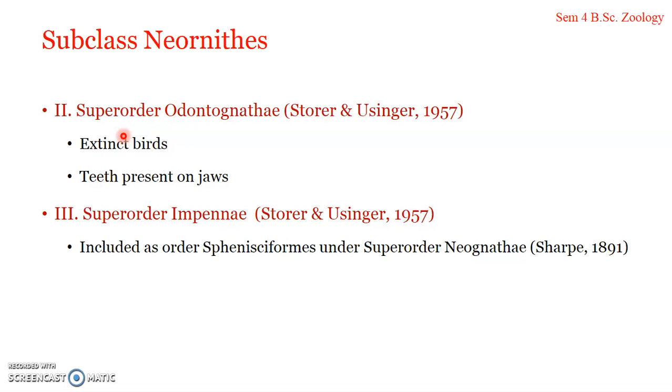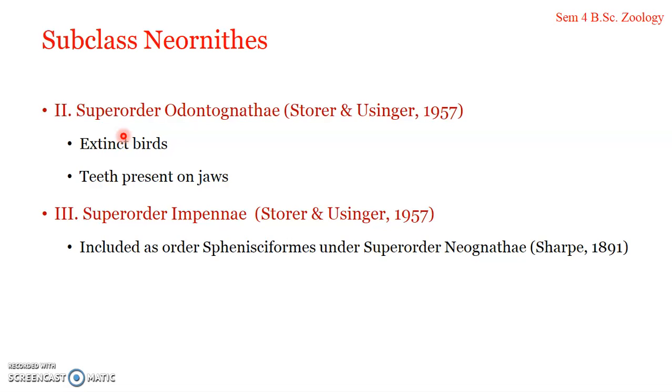Now, superorder Impennae. As per Storer and Singer, Impennae has been erected as a superorder, but Sharp had kept it as order Spheniciformis under superorder Neognathae.